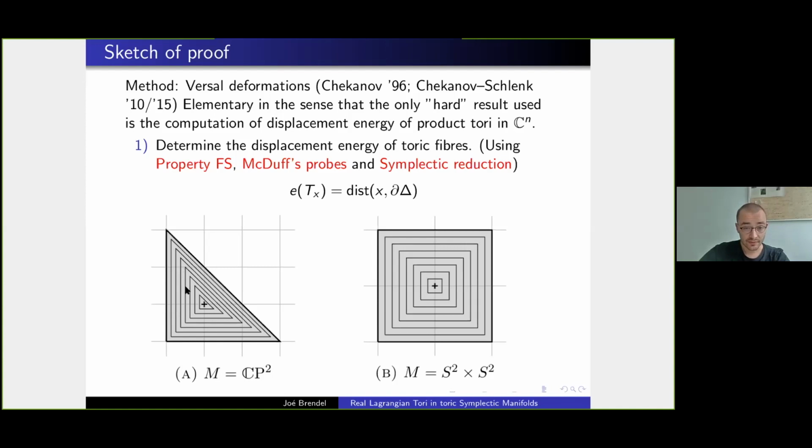So what I've indicated here are level sets if you view this thing as a function of x. On every one of these triangles you have constant displacement energy. And you see that these are just rescalings of the shape of your moment polytope.